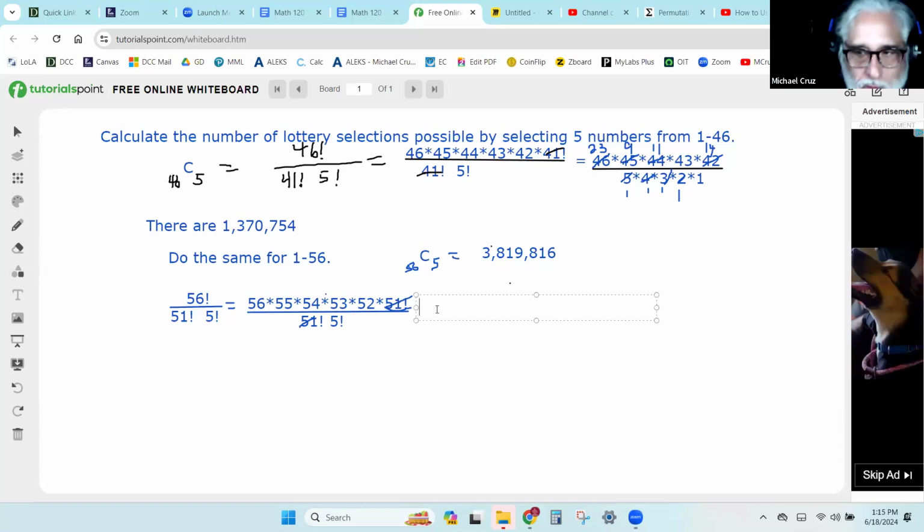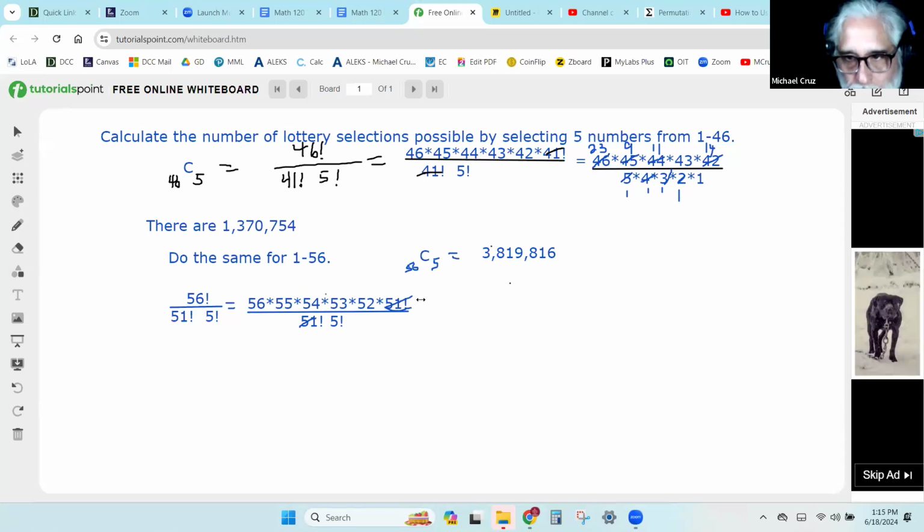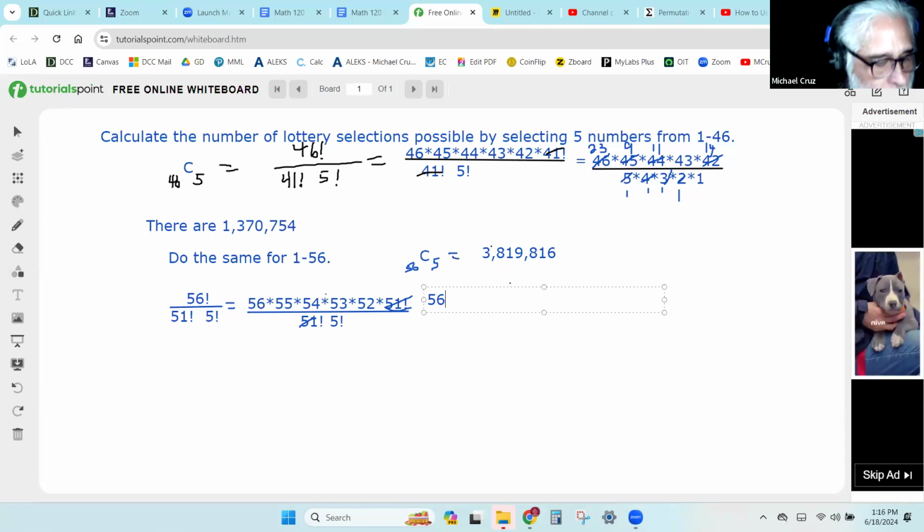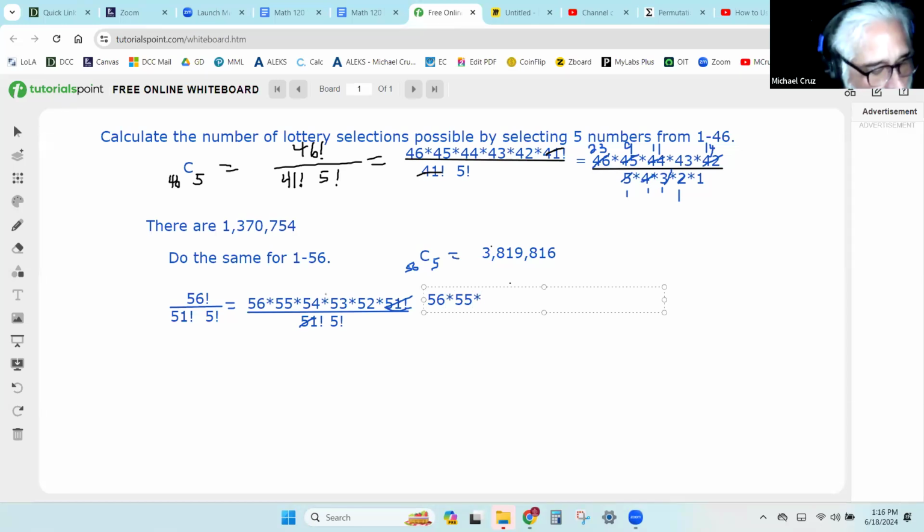And then here it's going to be 56 times 55 times 54 times 53 times 52 all over 5 times 4 times 3 times 2 times 1. The 1 doesn't really add anything, but we put it there so nobody thinks that we're trying to hide it.